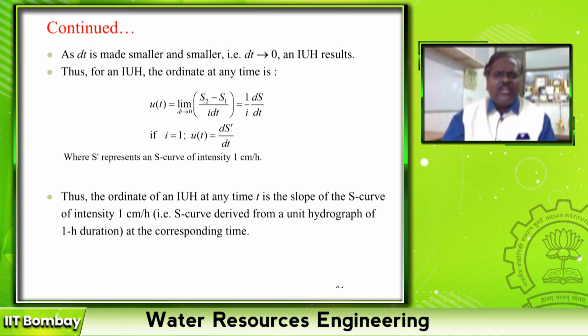It's a small difference in a given delta T. If I is equal to 1, that means instantaneous intensity of rainfall is equal to 1 centimeter, then the ordinate is nothing but ds by dt, which represents the slope of my summation curve. Thus, the ordinate of instantaneous unit hydrograph at any time t is the slope of the S curve having intensity 1 centimeter per hour. Normally it is 1 hour duration.